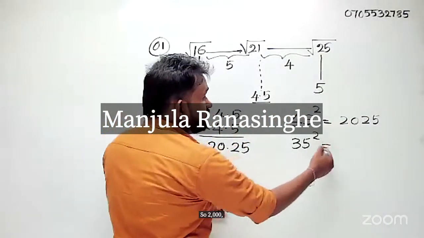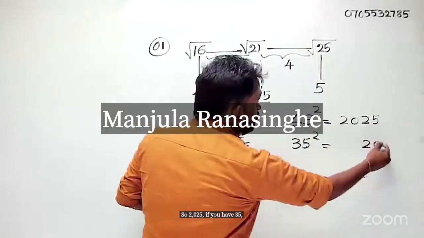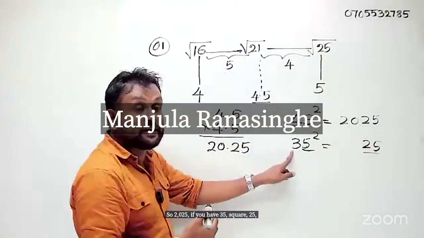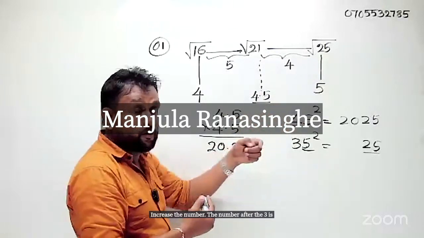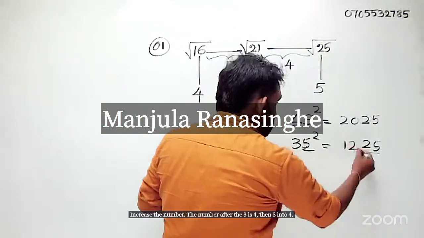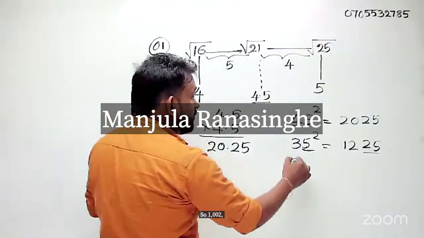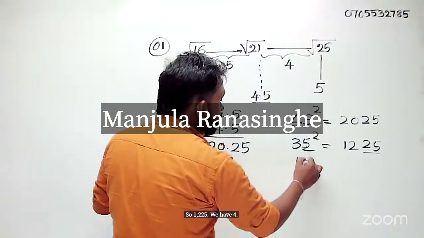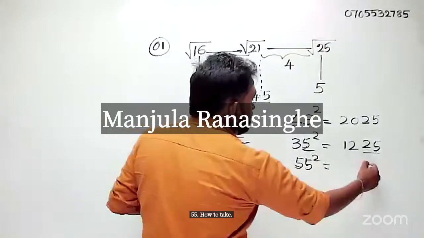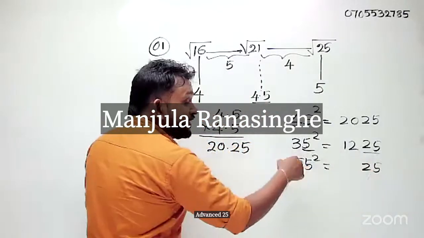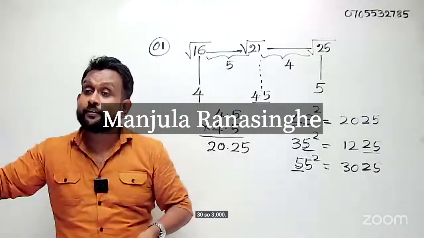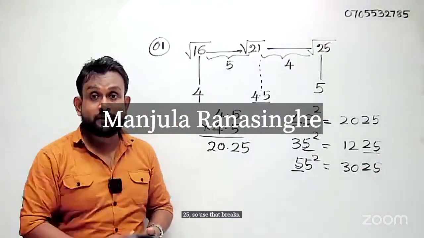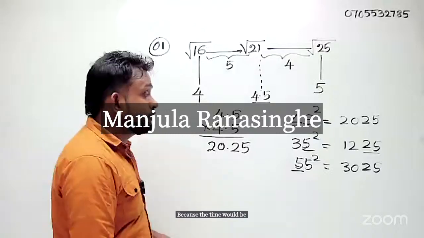For 35 squared, 25 at the end, then 3 times the next number 4 is 12, so 1225. For 55 squared, 25 at once, then 5 into 6, 30, so 3025. Use these tricks because they save time.